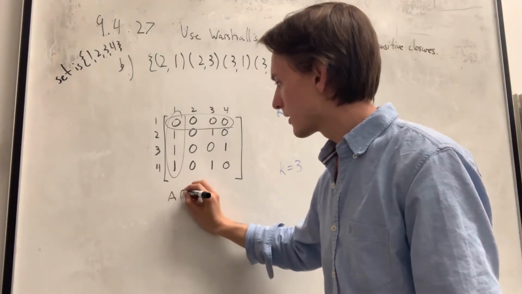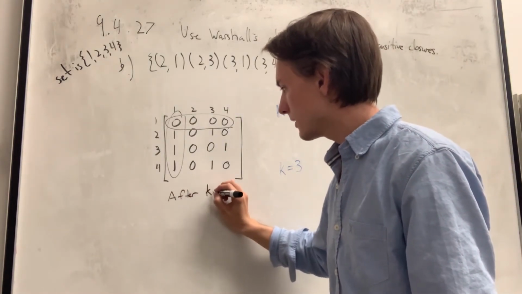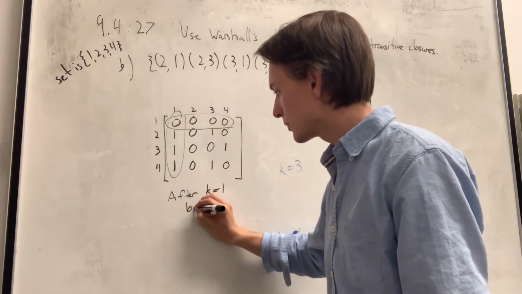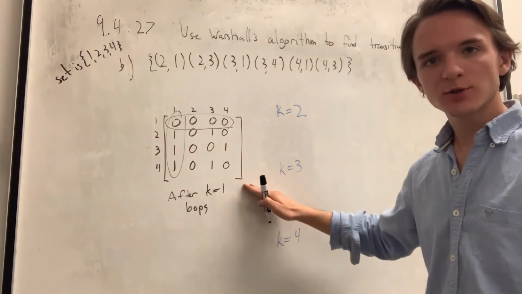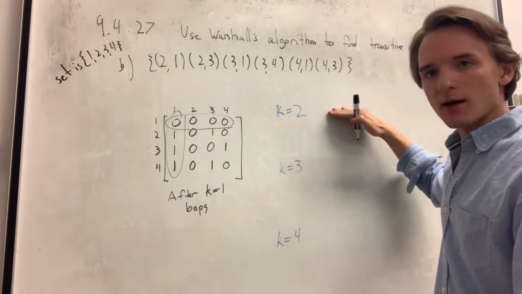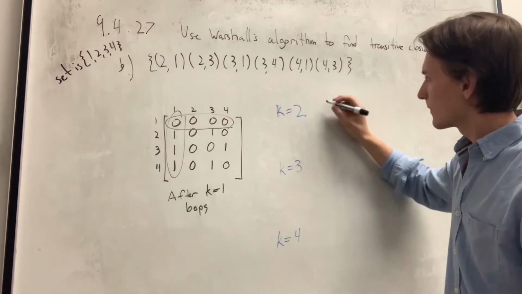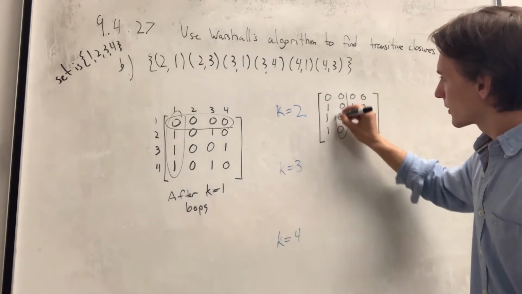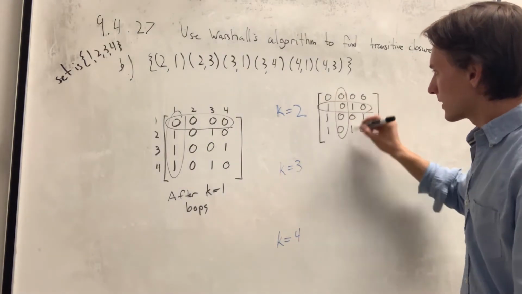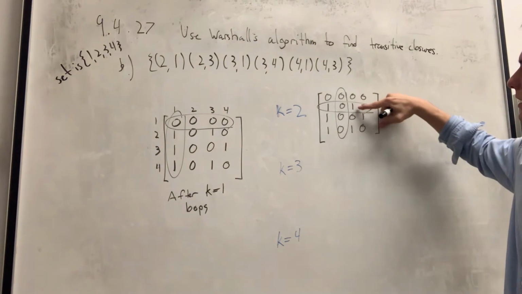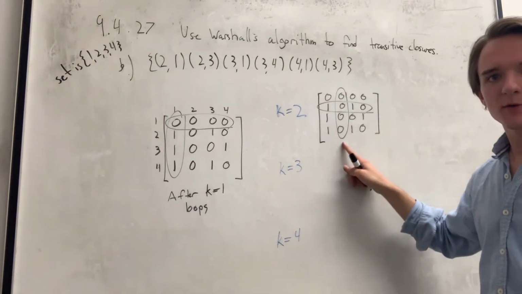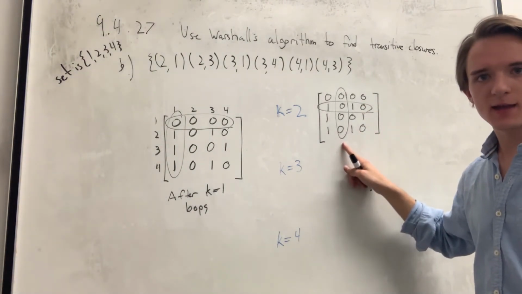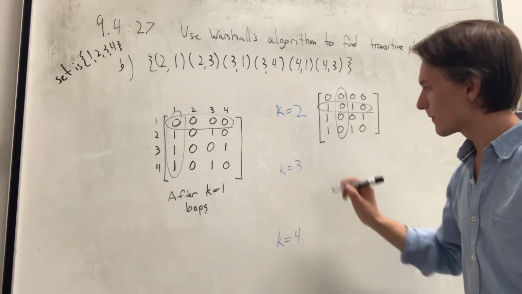Therefore, after k equal to 1 loops, this is what our matrix looks like. Now, what does it look like after 2 loops? Look at the second column and the second row. We have a second column full of zeros, so again, nothing happens. We go on to the third loop.